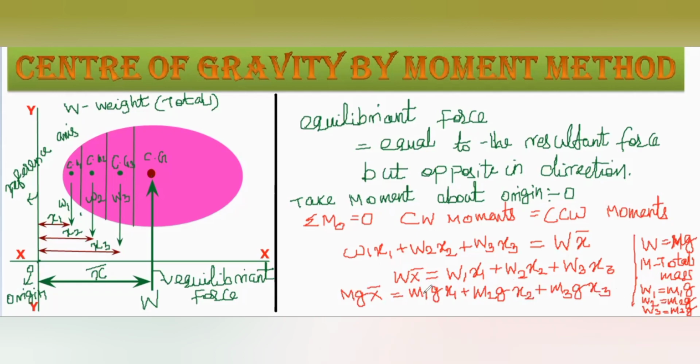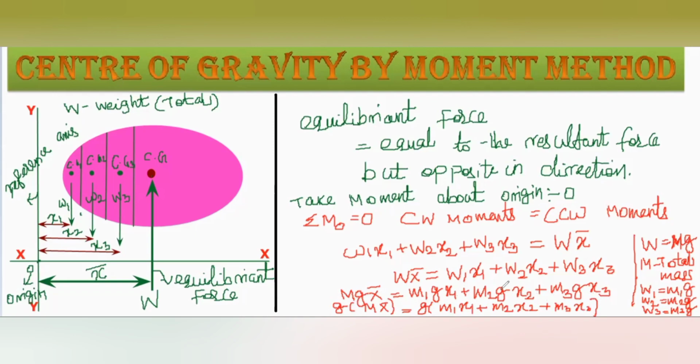Here you can see on the left side we can take g as the common. Same way on the right side also we can take g as the common. Or otherwise I just write one more step: if I take g, this will be M into X bar. This side, if I take g as the common, m1 X1 plus m2 X2 plus m3 X3.